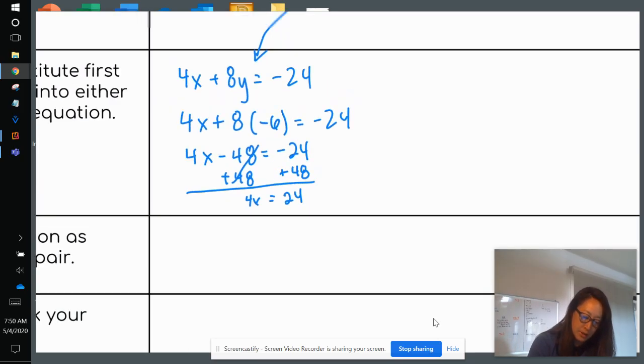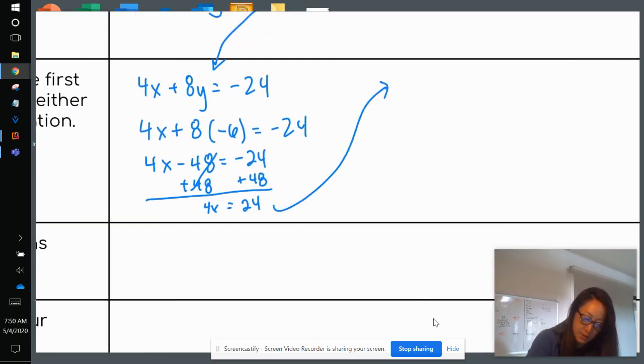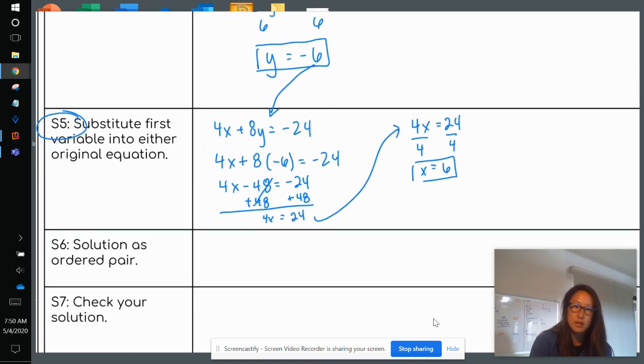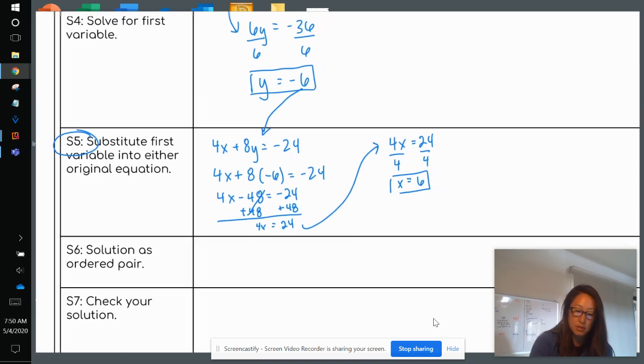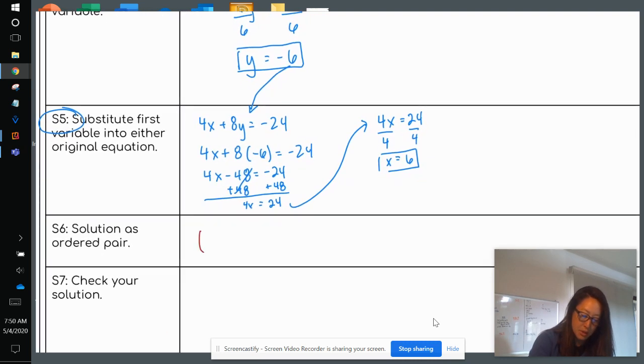I'm going to go ahead and write this on the side. So 4x is equal to 24. Now I'm going to get the value for 1x, so I'm going to divide by 4, is equal to 6. That's my second part. Okay, so the solution, I want to see the solution as an ordered pair in your work. So as an x comma y, and it's going to be 6 comma negative 6.